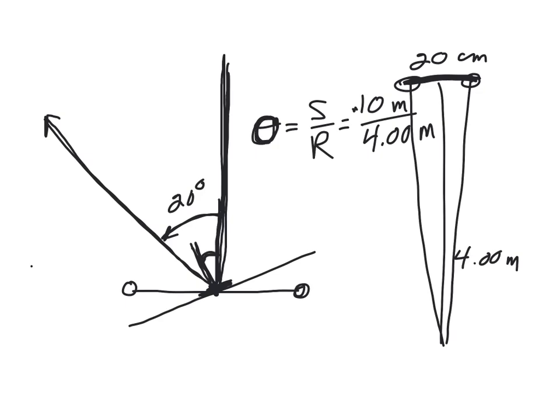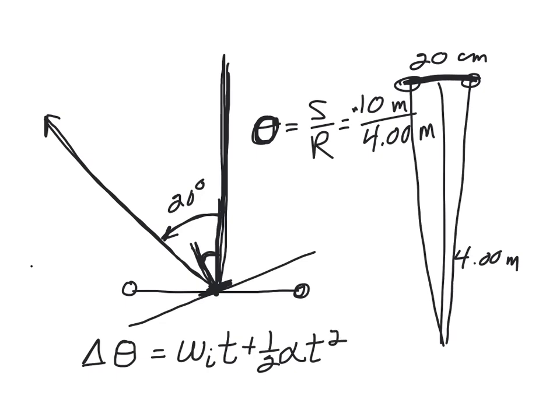And since we know the acceleration, we're going to use the equation that delta theta, we've got to go back to our equation sheet, equals omega initial t plus 1/2 alpha t squared. But the apparatus started at 0, and it's asking us how long it will take to go through a rotation of that angle.